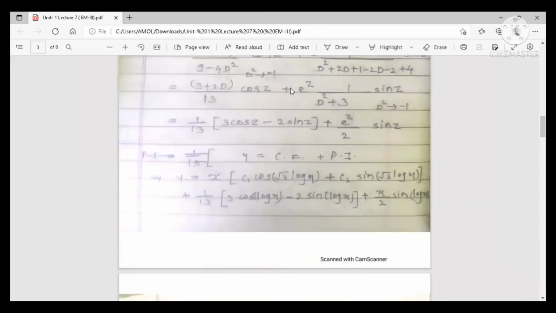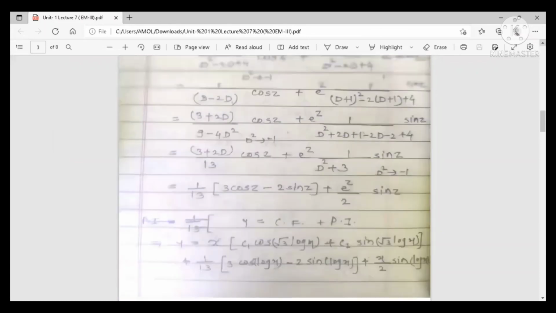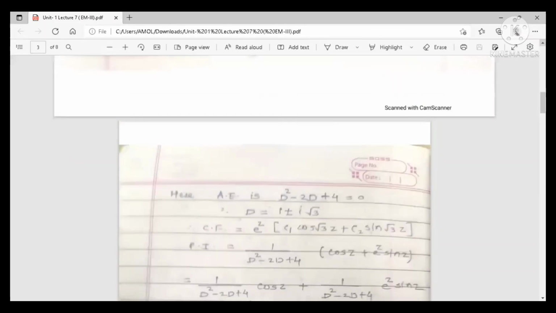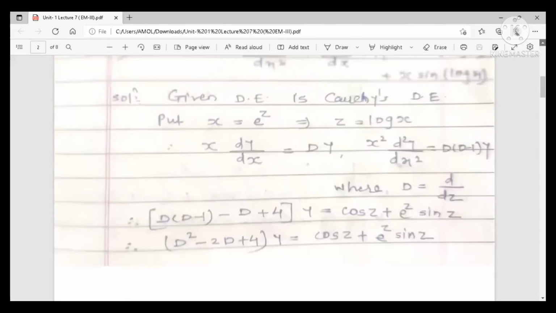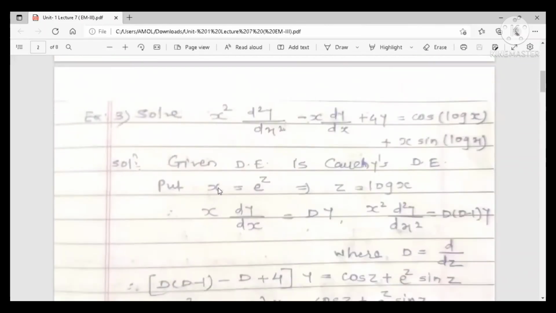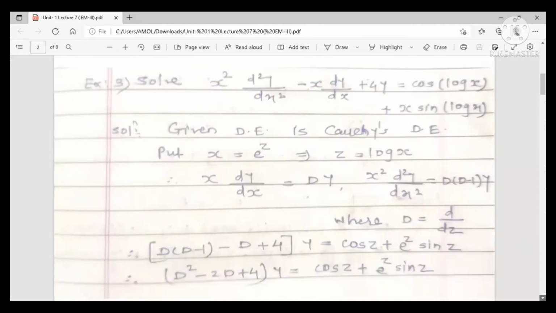So you have replaced it. y is equal to CF plus PI, and every term of your solution is in terms of x and y. Means at the last step you put in your substitution, so your answer must be in terms of x and y. You use x is equal to e raised to z, means z is equal to log of x, to get your answer in terms of x and y.